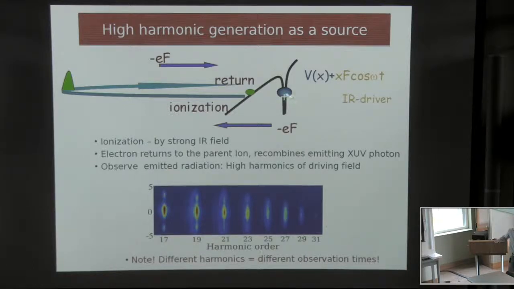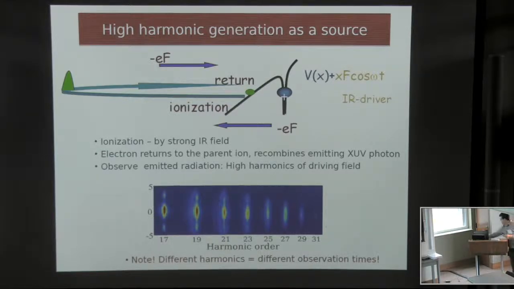The molecule or atom is exposed to a strong IR laser field, which distorts the molecular potential and allows for tunnel ionization and subsequent propagation and return in the laser field. And when it returns, it can recombine and emit XUV light.